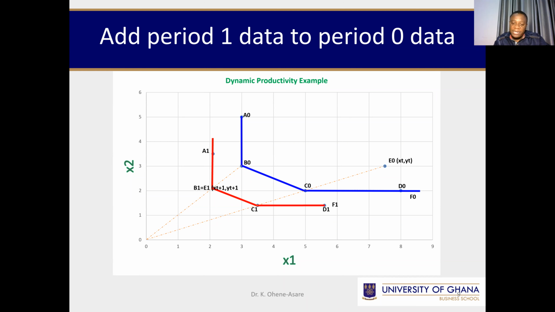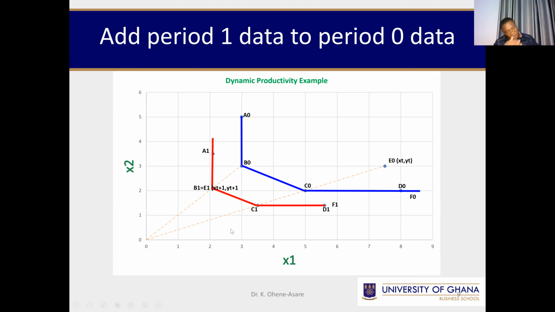So this is the frontier, but looking at C1 to D1, the red frontier is now getting closer to the blue frontier. But when you look from above, A to B to C, it is all parallel in nature, for A0 and A1, for B0 and B1, for C0 and C1.